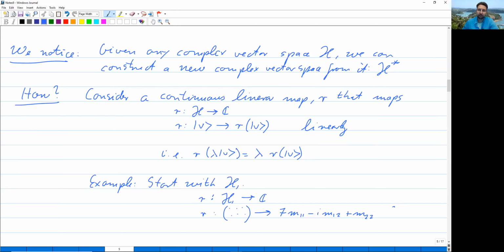This number is in C, and we input a matrix, we output a complex number, and the whole thing is linear because we have M11 is linear, M12. We don't have any powers of the M's. We don't have any non-trivial functions in the M, so the whole thing is linear. If we do R of the sum of two matrices, we get the sum of the two complex numbers. If we do R of 5 times the matrix, we get 5 times the complex number. So R is one of those linear maps.